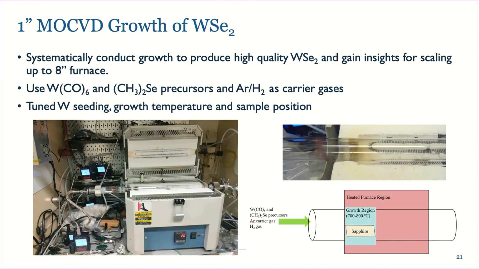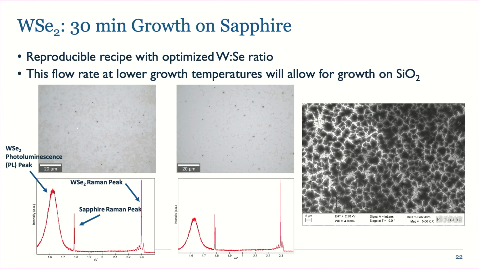So we use tungsten hexacarbonyl and diethyl selenide precursors, and this is an image of the furnace that we're using. And the material that we get, you can see it's very polycrystalline, and it has triangular-ish flakes. We've performed material characterization using Raman and photoluminescence spectroscopy, and we can confirm that we successfully synthesized the tungsten diselenide.